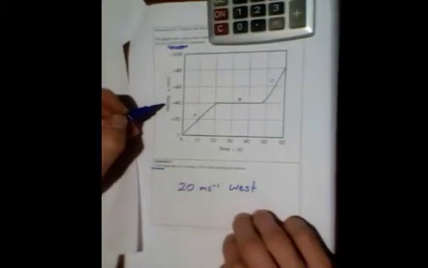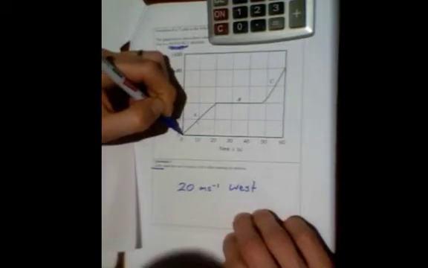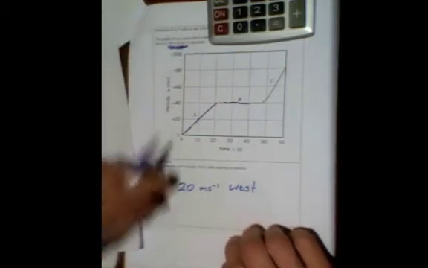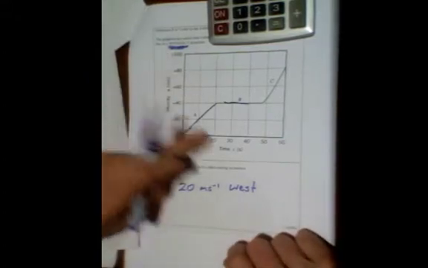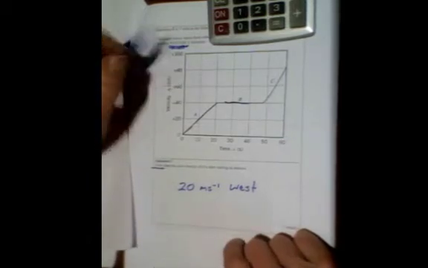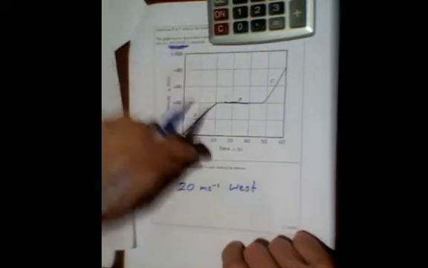And the gradient of a velocity time graph is acceleration, and we can see that that gradient definitely changes. Okay, so to find the distance, the area under a velocity time graph is equal to the distance travelled. So this is what we're going to use here.